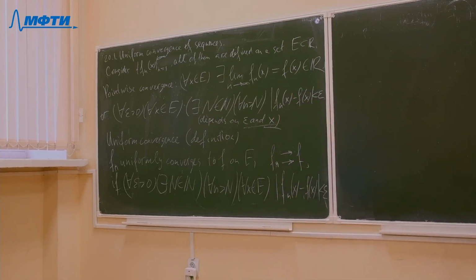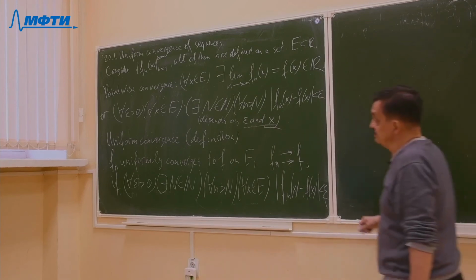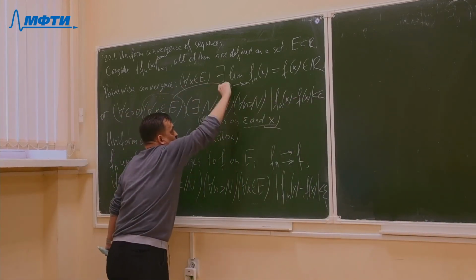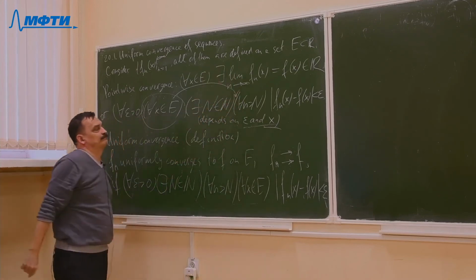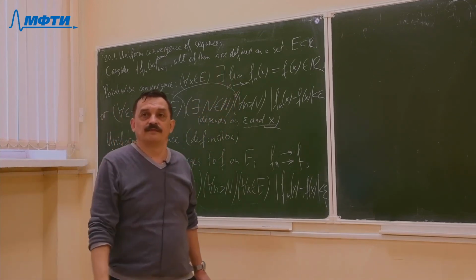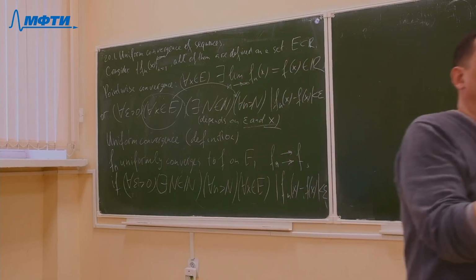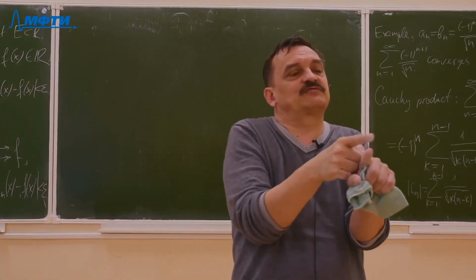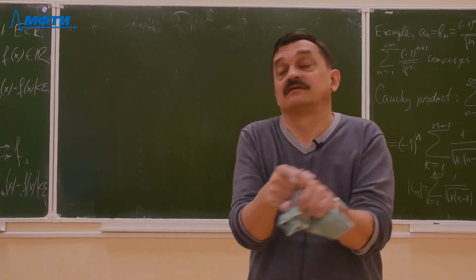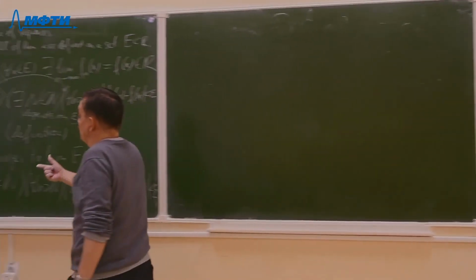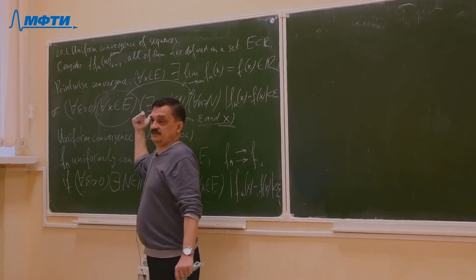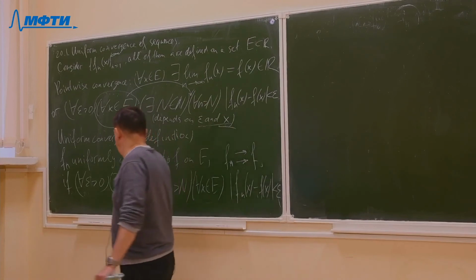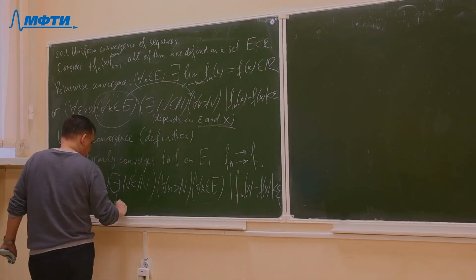So what is the difference? The difference is in the place of this quantifier. So you see, we interchange places of two quantifiers: for arbitrary x, and there exists capital N. So here, capital N depends on epsilon only.